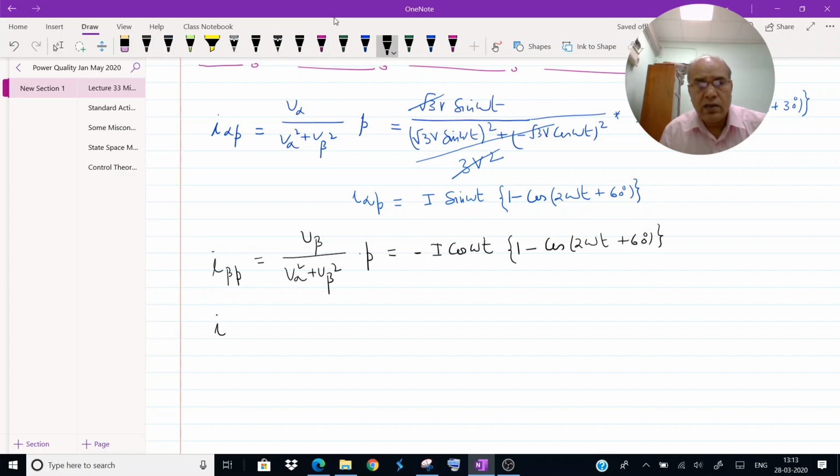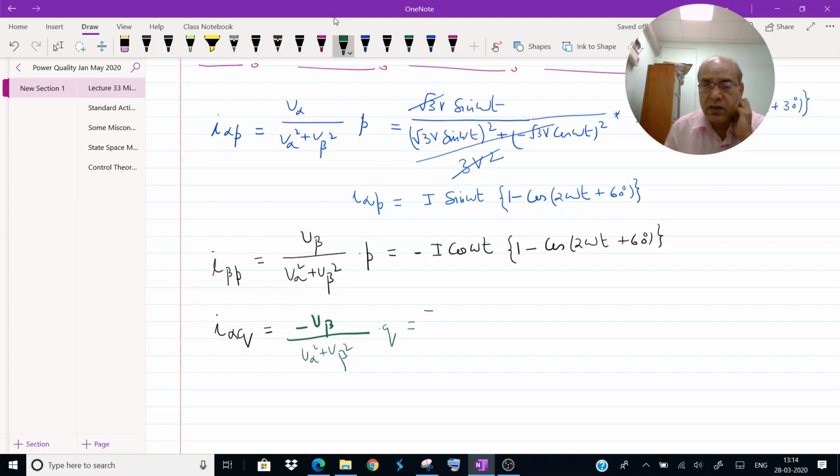Similarly, I alpha Q. I alpha Q is minus B beta over B alpha square plus B beta square into Q. So you know what B beta is.